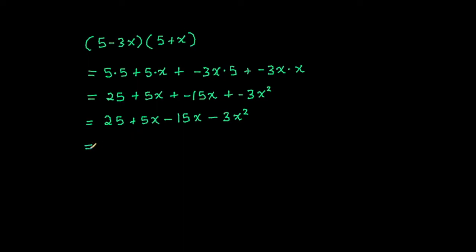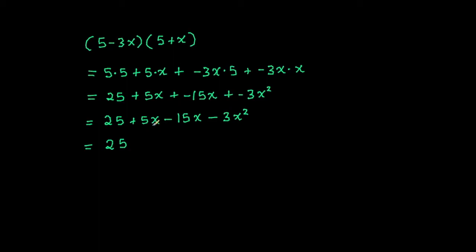Now we can simplify this a little bit further. So this is just 25 plus 5x minus 15x. Let's say x is temperature, so 5 temperature minus 15 temperature.